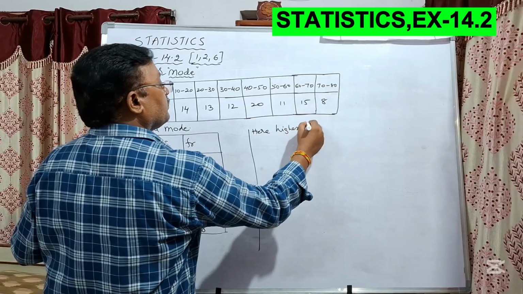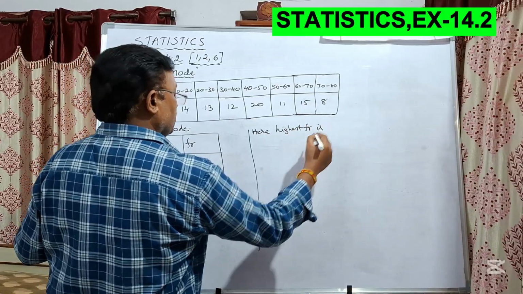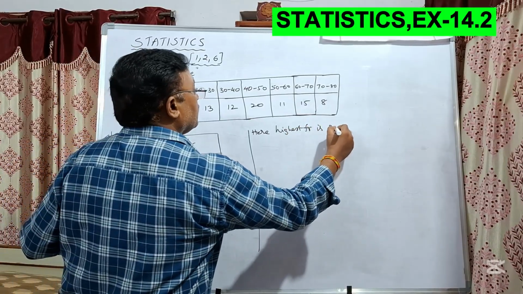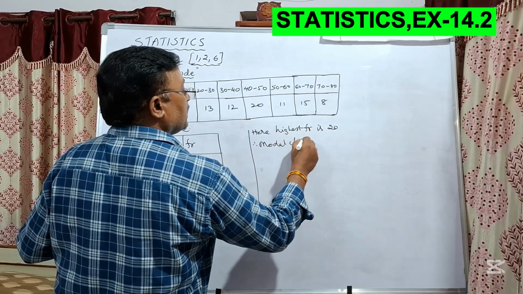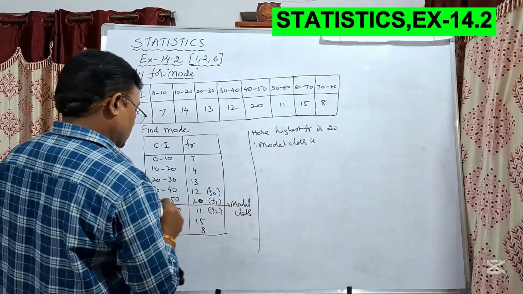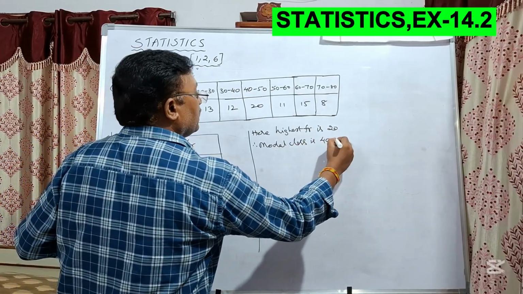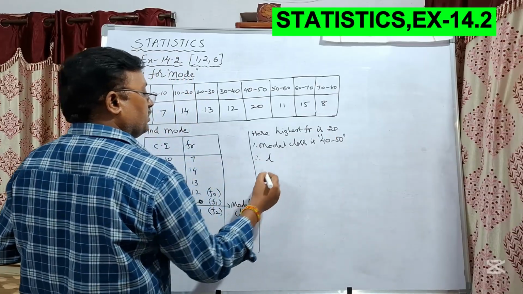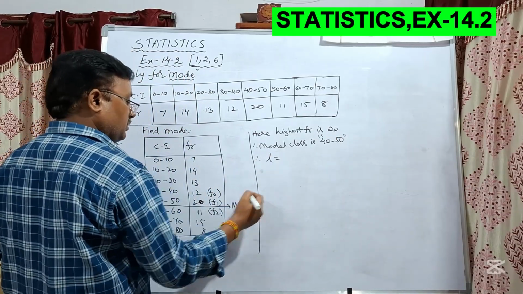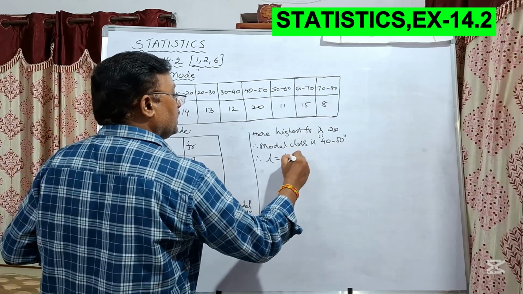Here the highest frequency, how much is that? 20. Therefore the modal class is what? 40 to 50. Therefore the lower boundary of the modal class L equals how much? 40.